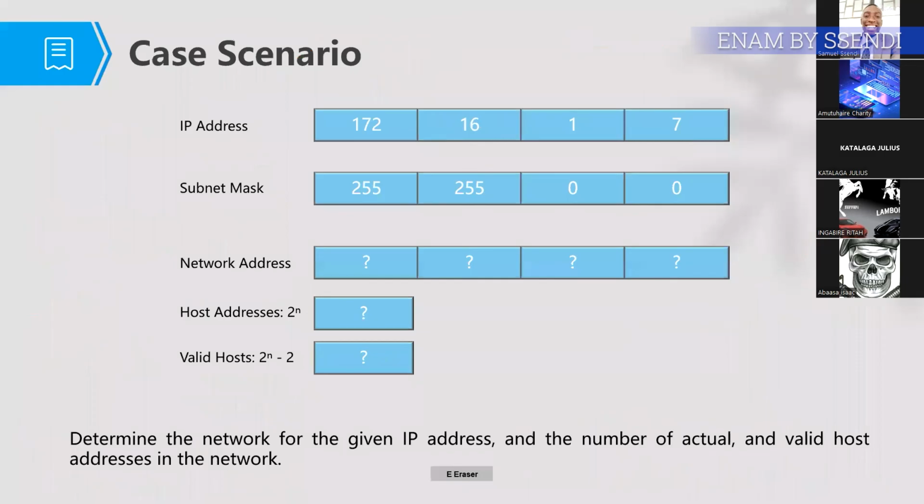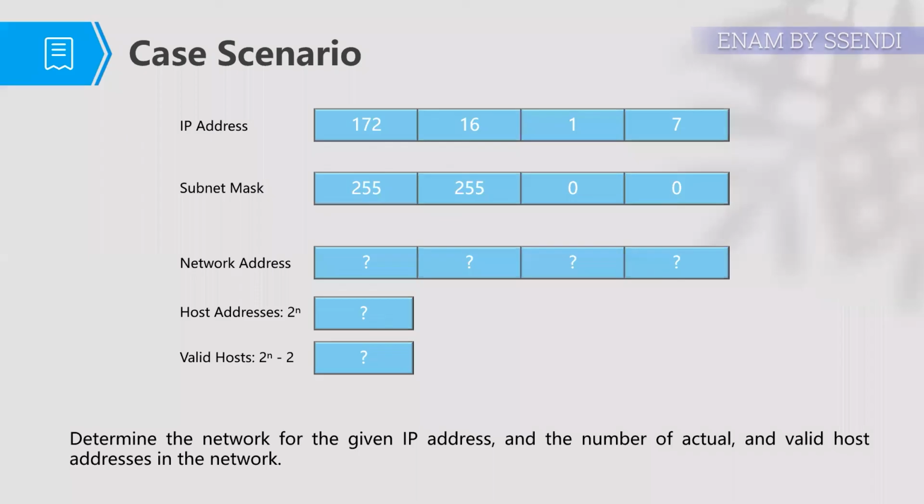Okay. So now we have this scenario here, and we are going to determine something. Quick question. We have our IP address here, right? Very common scenario. You have been hired. Airtel has taken you on, and we have that range of addresses.